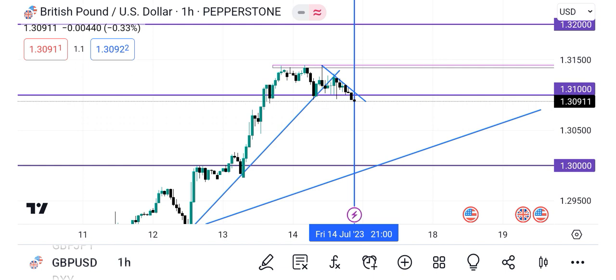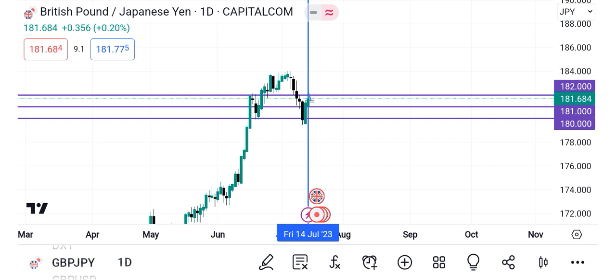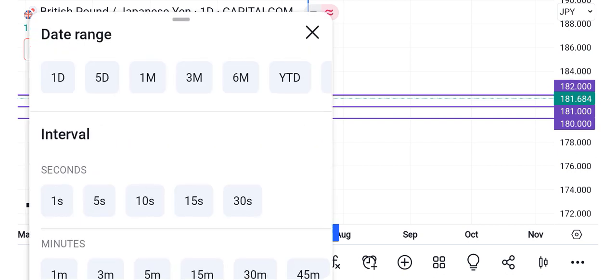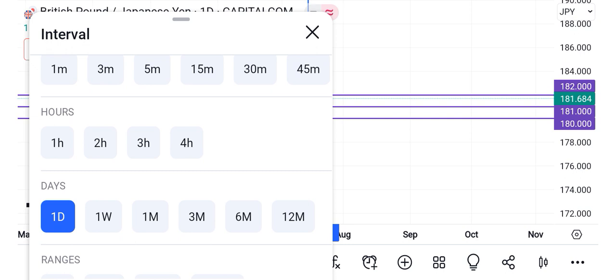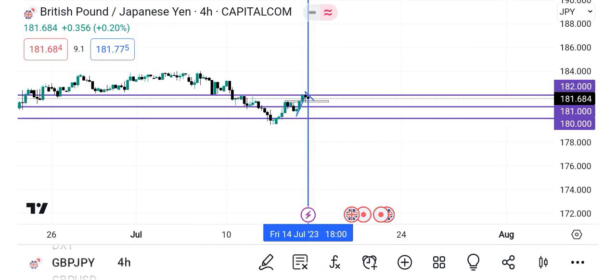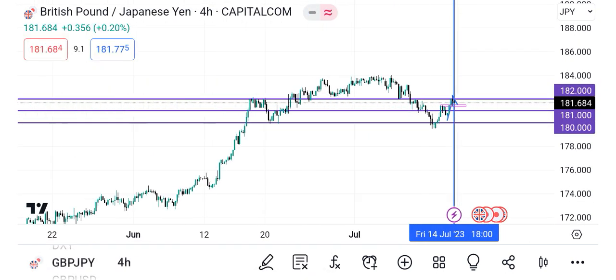As for GBP JPY, I did a projection last week, and it played out just as I had projected. You know how we do it here. We never miss. And so we're here again.